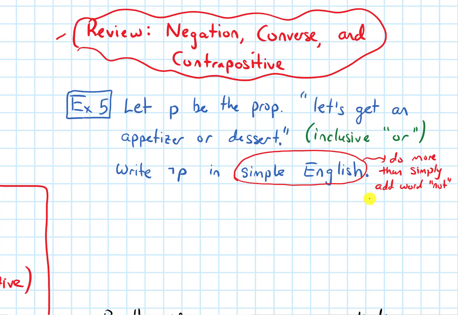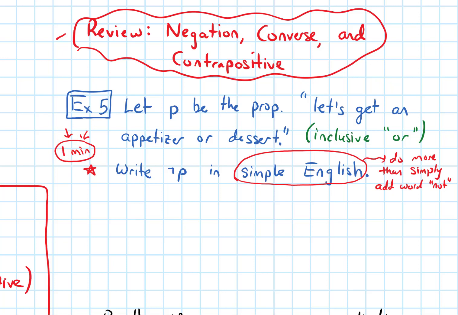There may be a way, once we negate this statement, to simplify it and put it in the simplest possible form in English, and that's what I'm looking for. So pause the video for 1 minute to try this on your own.